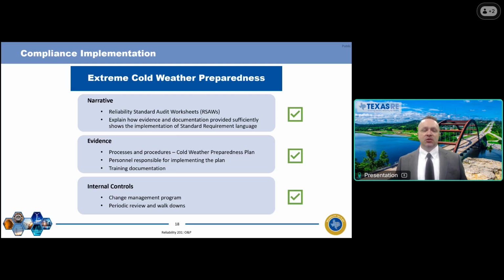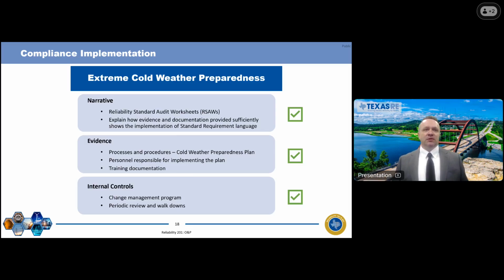Those are the individuals you should be training and have training documentation for. Evidence would also include training materials, and those should be unit specific. A generic training program may not be sufficient to help prove compliance with the training component of EOP 12. We're looking for unit specific training.